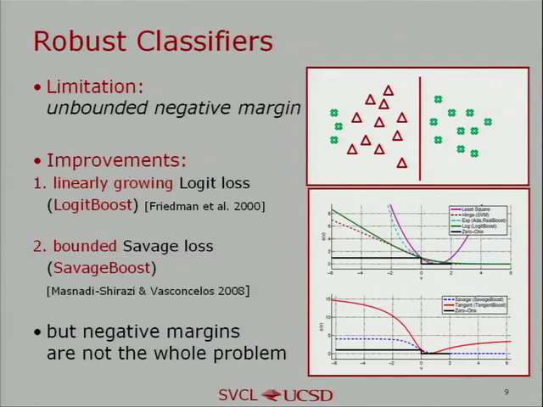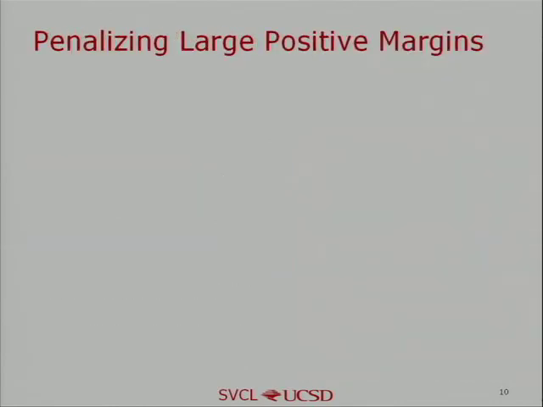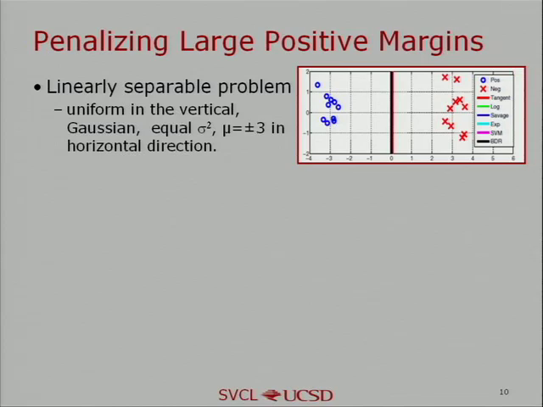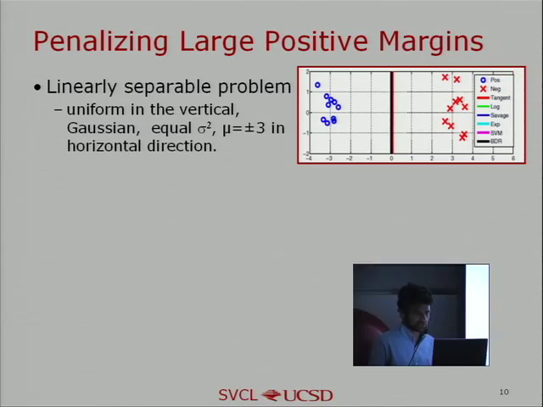But we argue that the negative margins are not the entire problem, and that it's also important to penalize large positive margins. In order to explain this further, we can consider this simple classification problem, where the data is distributed uniformly in the vertical direction and is Gaussian with equal variance and different means of +3 and -3 in the horizontal direction.